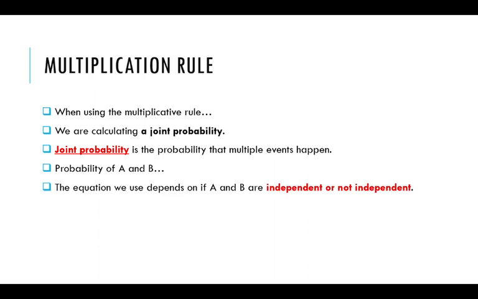Now the equation that we use for multiplication depends on if A and B are independent or not independent of each other. In other words, does knowing A occurred change the probability of B occurring? If the answer is yes, then they are not independent.